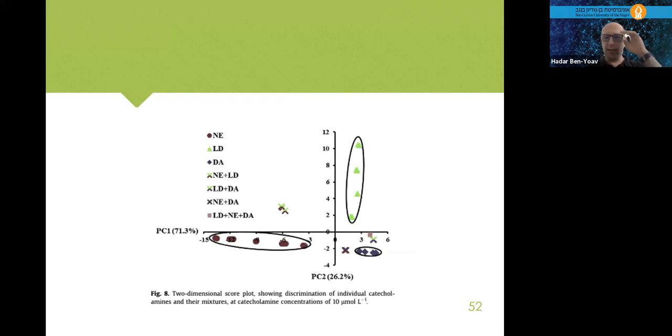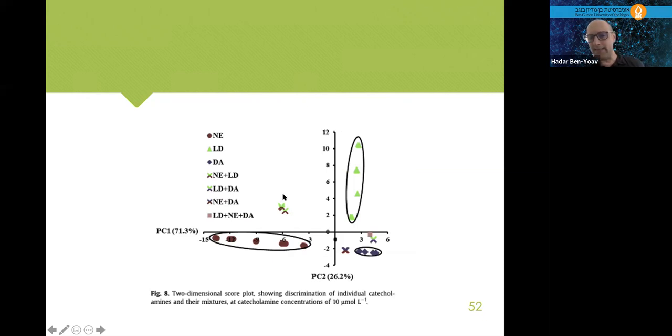Now they said, okay, let's try adding mixtures of norepinephrine with L-DOPA or L-DOPA with dopamine. And what they saw is that when they add norepinephrine with L-DOPA, this is where the sample falls.